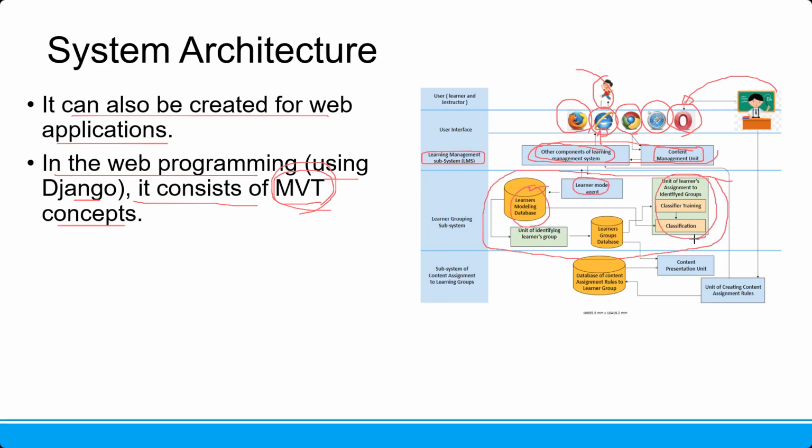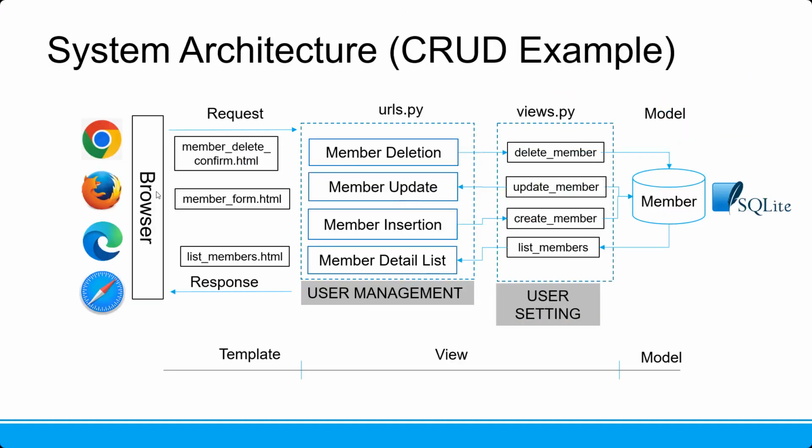There are other functions to connect to the database, and the database will also give the data to this system and so on. So it represents the flow from the database to the user. This is one example of the architecture that we want to learn today.